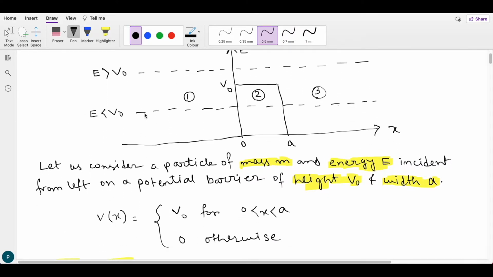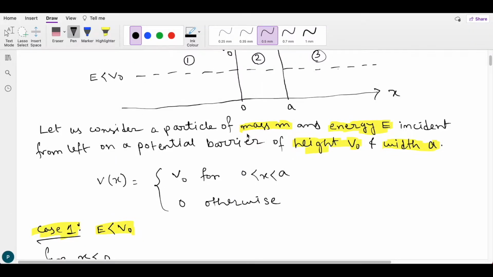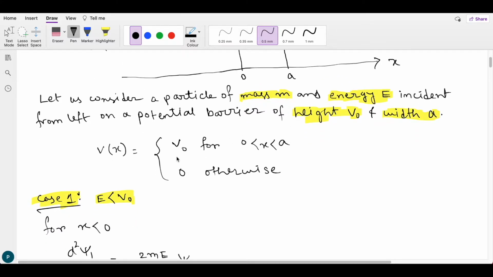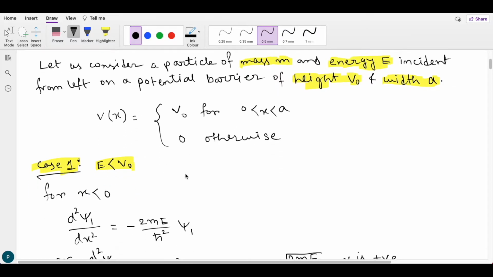So let's say a particle is coming from the negative x direction and moving towards the positive x direction, and there is a potential step or potential barrier of height V0 and width a in its path. Let the mass of the particle be m and the energy E, and the potential is defined as V0 for 0 to a and 0 otherwise.